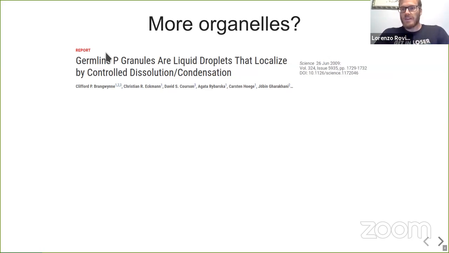This was the case until roughly 10 years ago, when it was discovered, in embryos of C. elegans, that some organelles are actually liquid. So they flow, they are viscous, they can join, they can sort of evaporate in some sense, and so there are liquid droplets inside some cells.